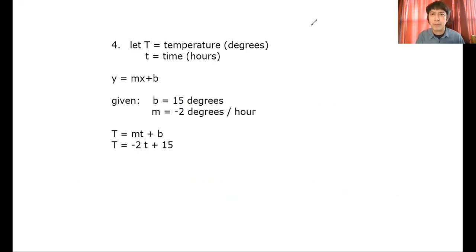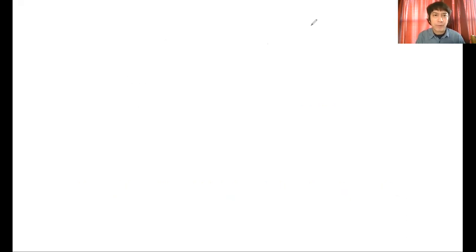Let's remove number 4 first. Okay, then we start our number 5. For number 5, we let the variable C be the cost, and this will be in dollars. And then this is still versus time.